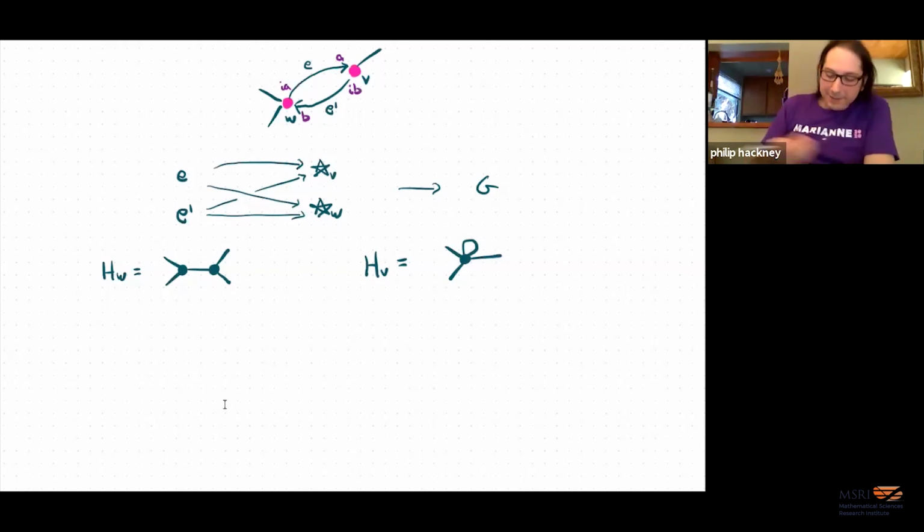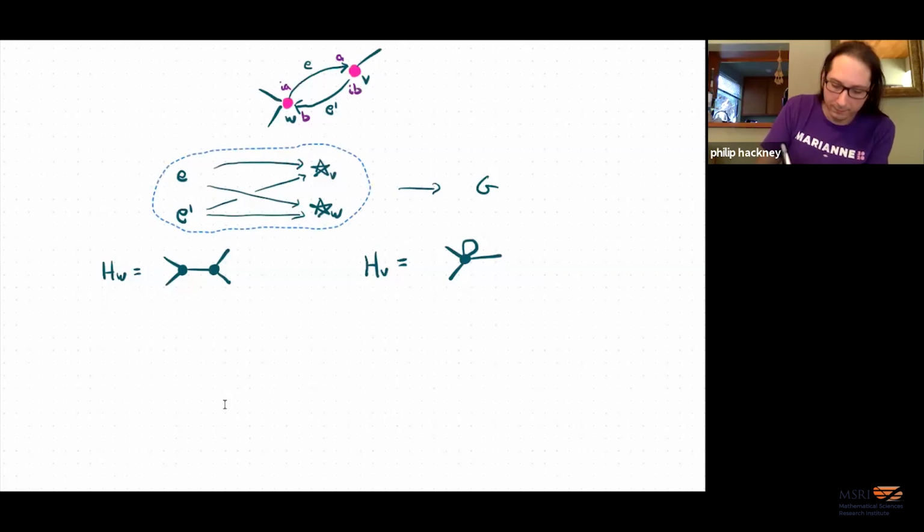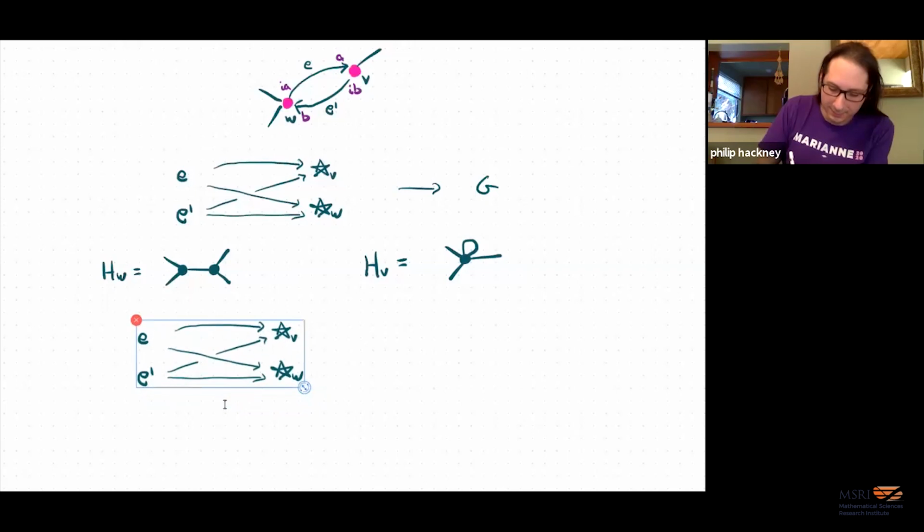And I have to say something about what the bijections between the boundaries are, but maybe what I'll say here is that when I'm thinking about this picture, I'm using the data of those bijections. So this is what I started with.